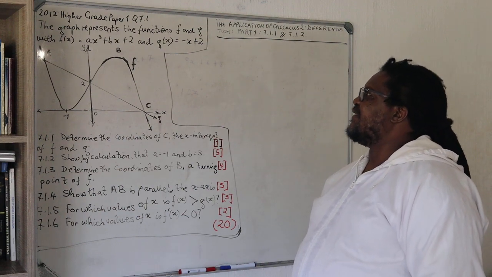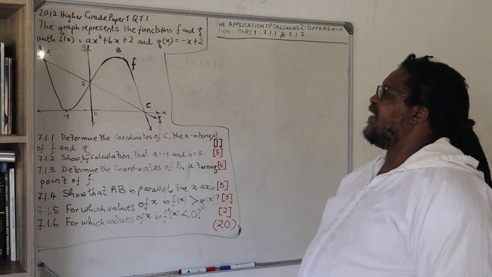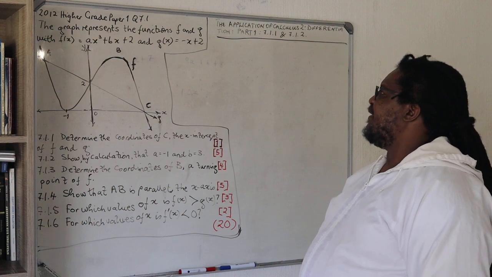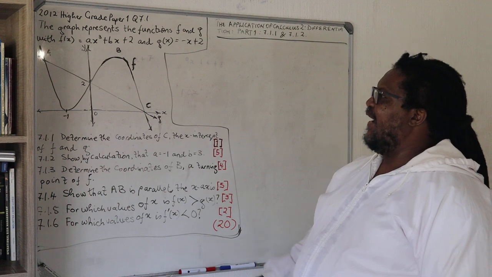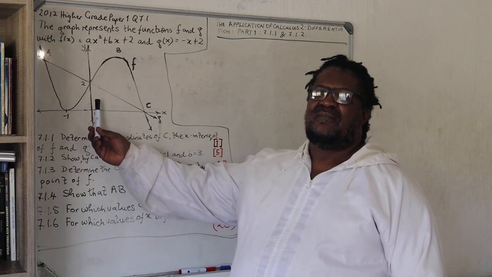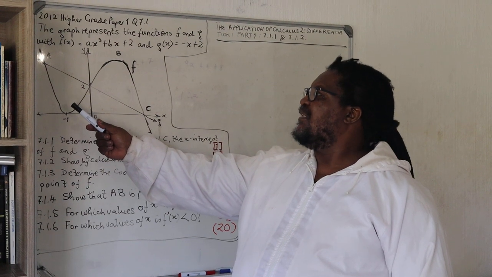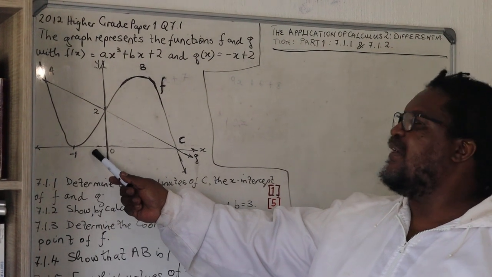The graph represents the functions f and g, with f(x) = ax³ + bx + 2 and g(x) = -x + 2. The diagram shows the two functions on a Cartesian plane.